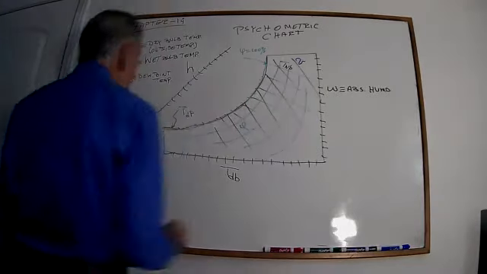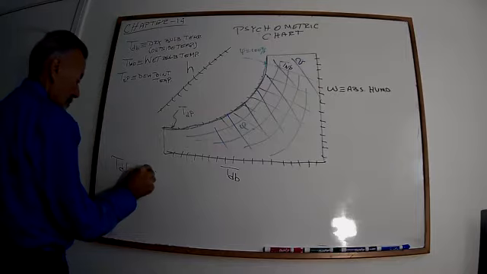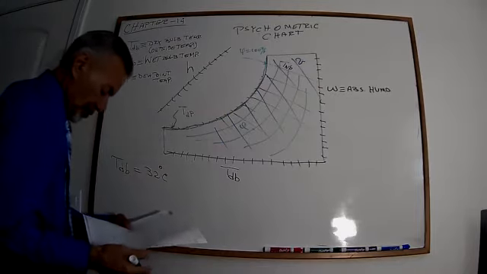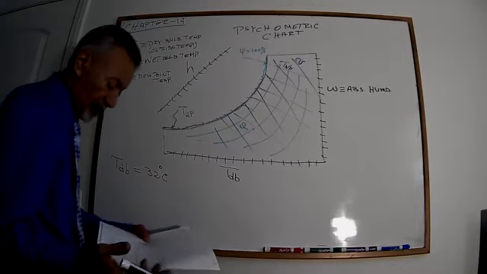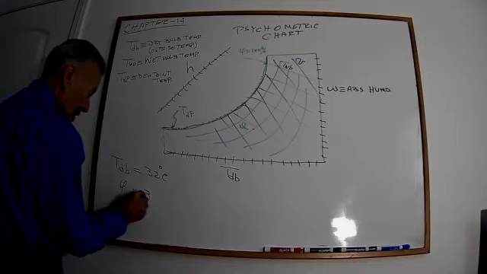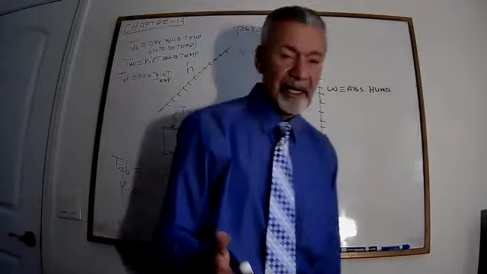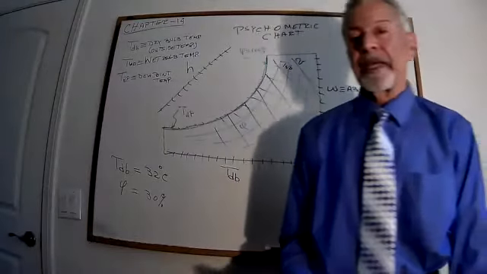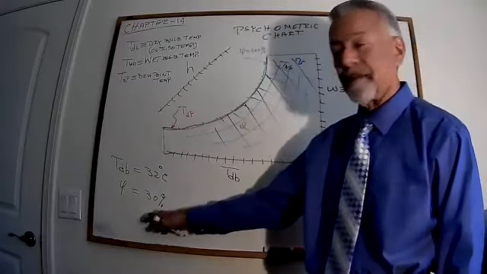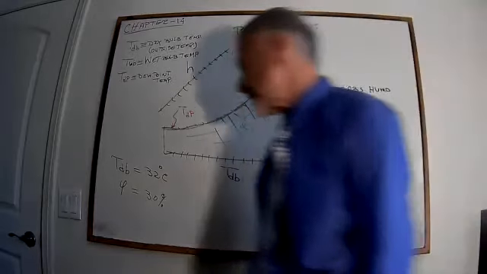Let's see, I'm giving the dry bulb temperature of 32 degrees Celsius. So 32 degrees Celsius is really very uncomfortable. It's hot. And a relative humidity of 30%. So that shows that it's a hot and dry air. Now we want to find all the other five parameters related to these two parameters.